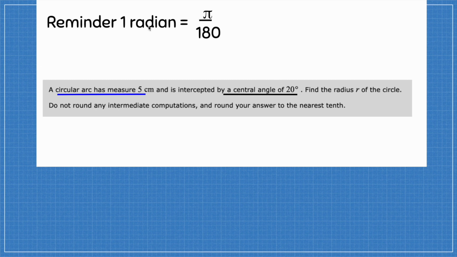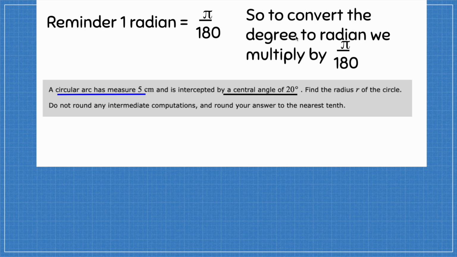So now when I plug it in, I do need to do a little bit of conversion here, because I have the 20 degrees. I'm going to need to convert this to radians really quick. So remember, to convert degrees to radians, we multiply by pi over 180. So I'm going to take 20 and multiply that by pi over 180. I can cancel here because 20 and 180 divide nicely into each other. So I end up with 9 on the bottom, and it's just pi over 9, because the 20 cancels itself out.